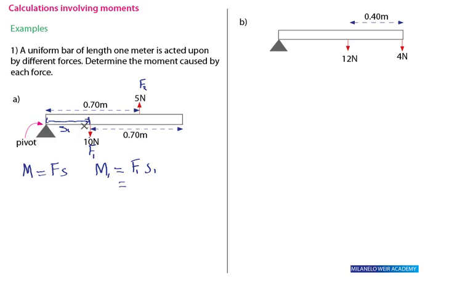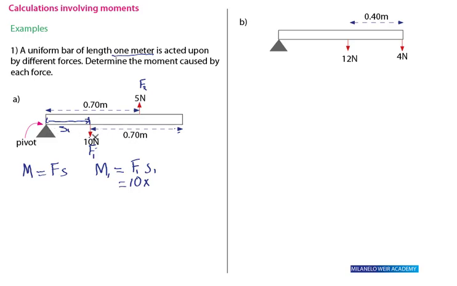But what distance is that? Let me write the force first: 10 Newton times what is S1? This is a uniform bar of length 1 meter. So this is 0.7. If this is 0.7, what length is left which, when added to this one, will make 1 meter?